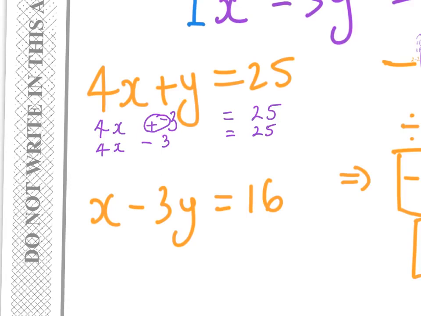We could then add 3 to both sides, and we'd have 4x equals 28. And maybe you can spot that 4 sevens are 28 because 4x means 4 times x. So if we divided both sides by 4, we'd have x is 28 divided by 4, which is 7.